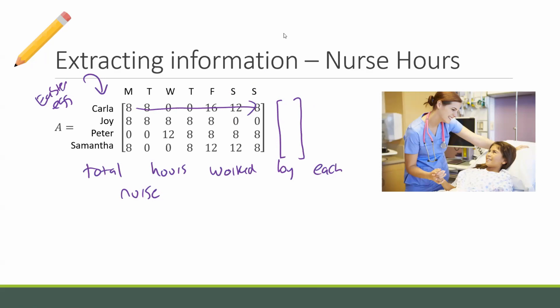Here's a harder question though. How big is this matrix going to have to be, the one on the right? What are the dimensions of this matrix? Is it a 4 by 1? If this is a 4 by 7, this is not going to be a 4 by 1.